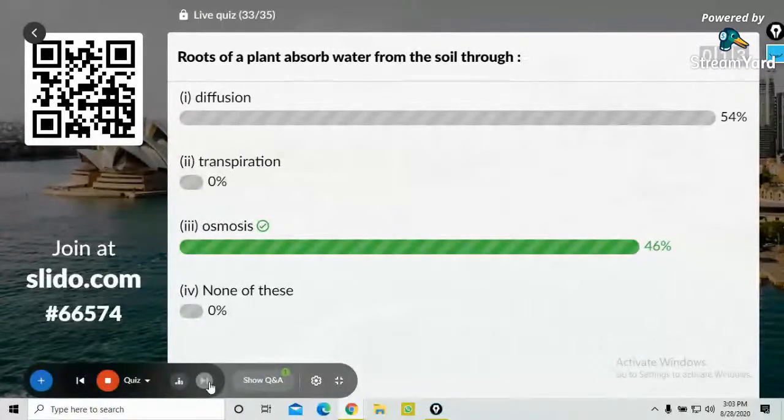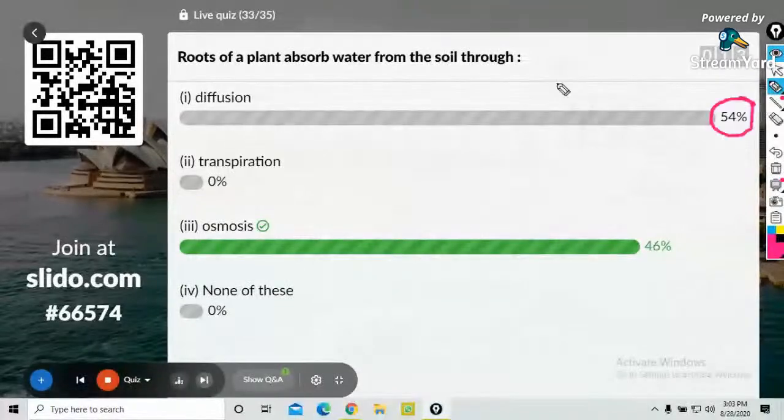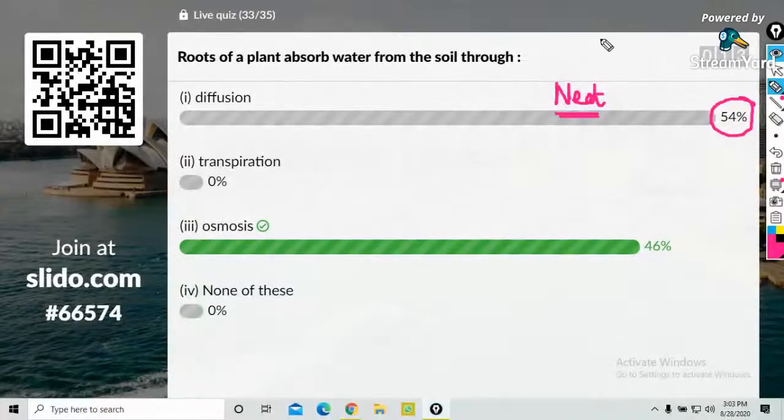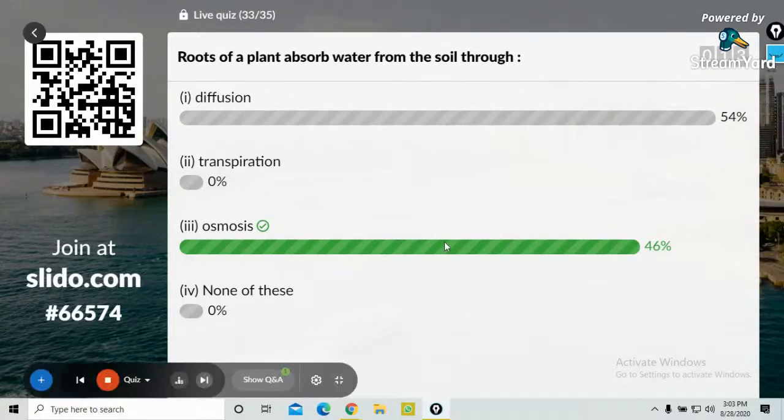I hope this 54% of the students contains our NEET batch students also. Shame upon you, in these last 15 days giving irresponsible and blunder answers. Next question on the screen.